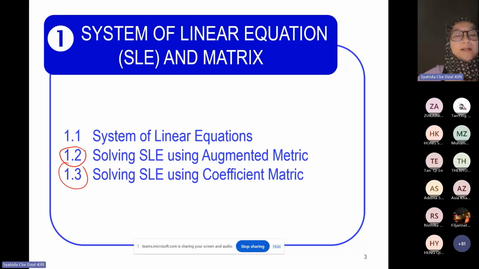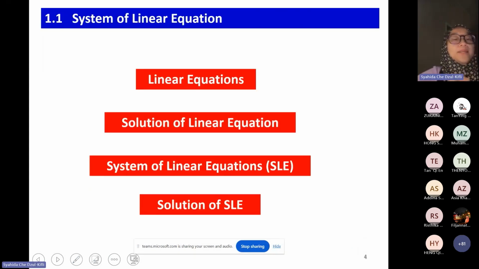Okay, so first of all, the first subtopic is systems of linear equations. For this subtopic, I have divided it into some points. First of all, we are going to look at what is a linear equation and what it means by a solution of a linear equation, and systems of linear equations and the solution of systems of linear equations.